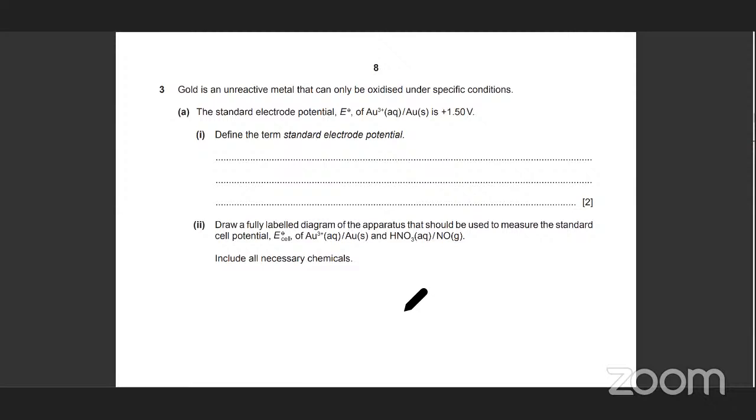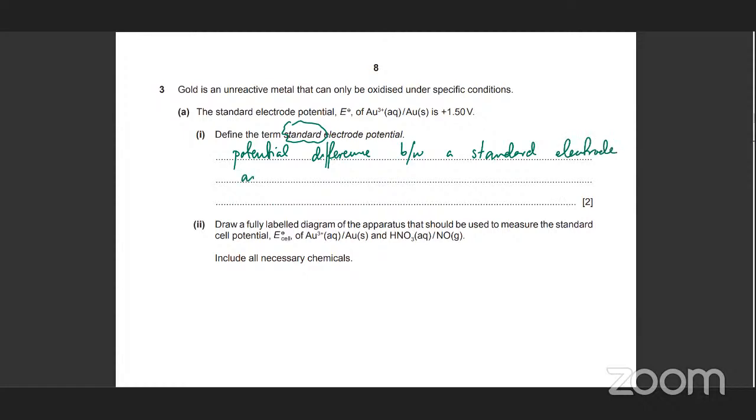Next one, define the term standard electrode potential. So it's the potential difference. And remember the word standard is used, so you have to give its reference too. So it is the potential difference between a standard electrode and a standard hydrogen electrode.